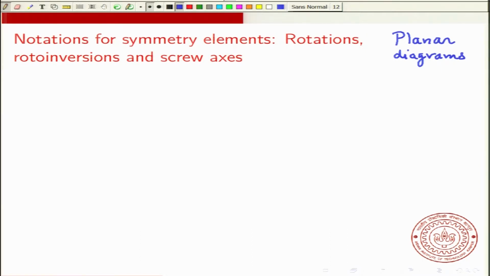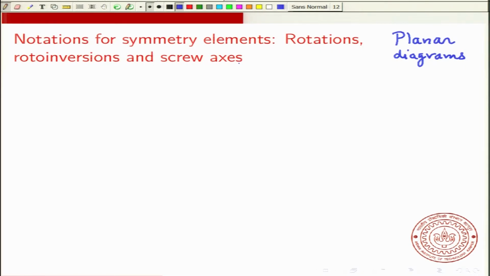So I'm going to talk about the different notations for the rotations, rotoinversions, and screw axis. So each of these correspond to some axis. So you could have an axis, and that could be either an axis of pure rotation or a rotoinversion or a screw axis.